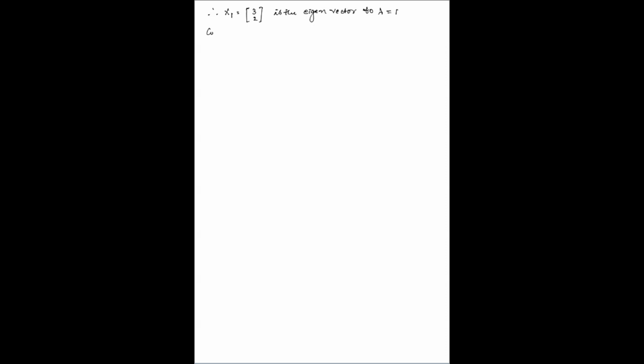So go with case 2. Let lambda equal to 2 in star. If you substitute, consider one of the equations: minus 3x plus 3y equal to 0. That implies x equal to y.